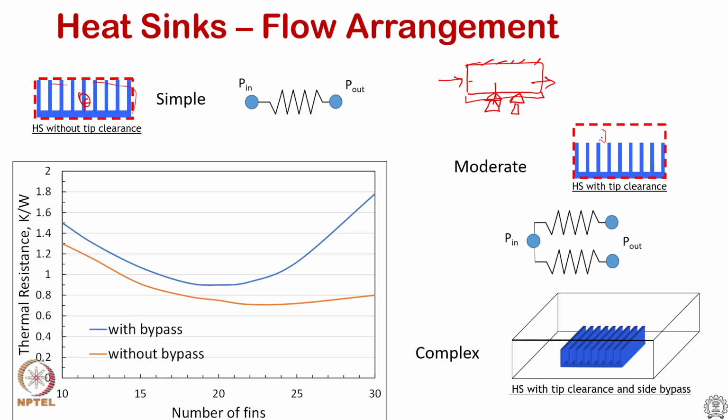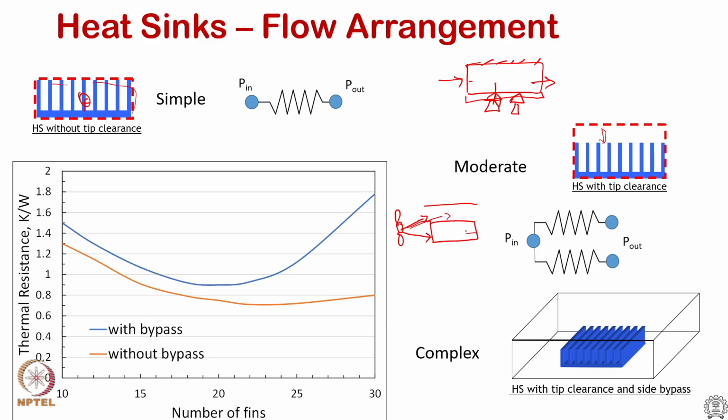This small gap is sufficient to create a lot of issues, and this bypass, because even though the flow is going to start from here, there is a gap on the top. The airflow starts here from a fan, and it sees there are two paths. It will take the least resistive path. Some flow will bypass the heat sink and go to the top. Only a limited flow will go through the bottom if the gap is large.